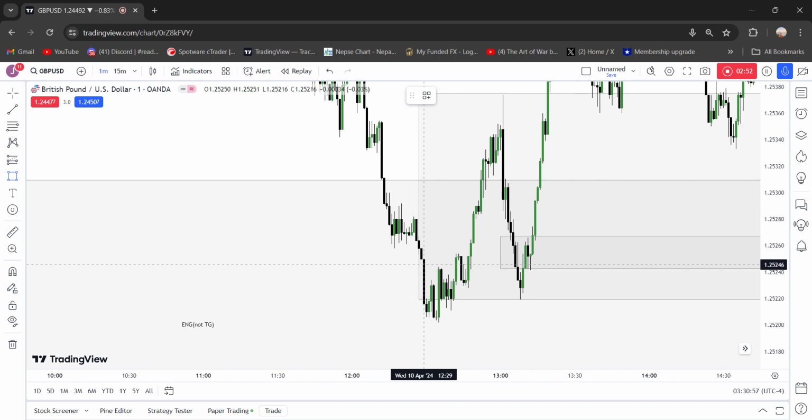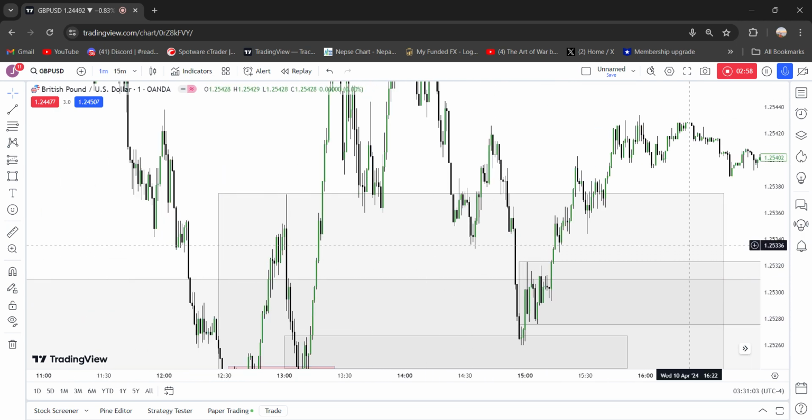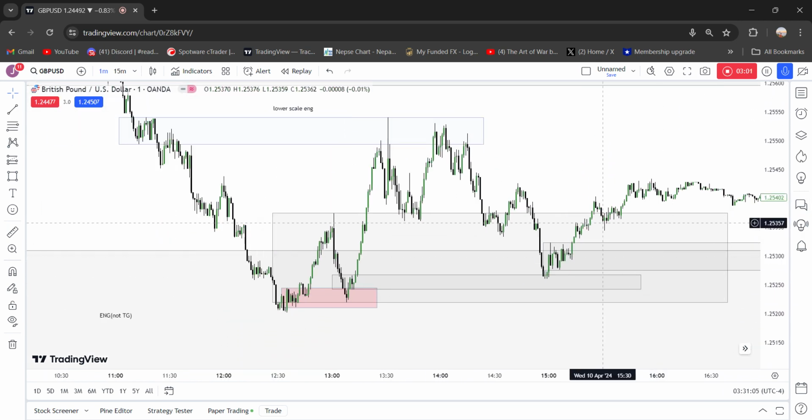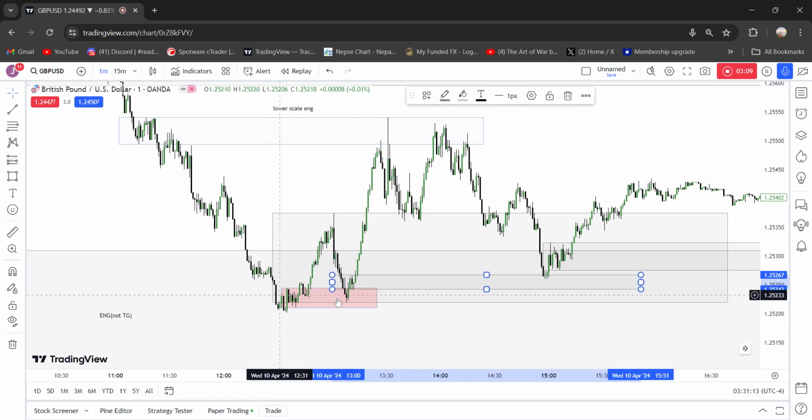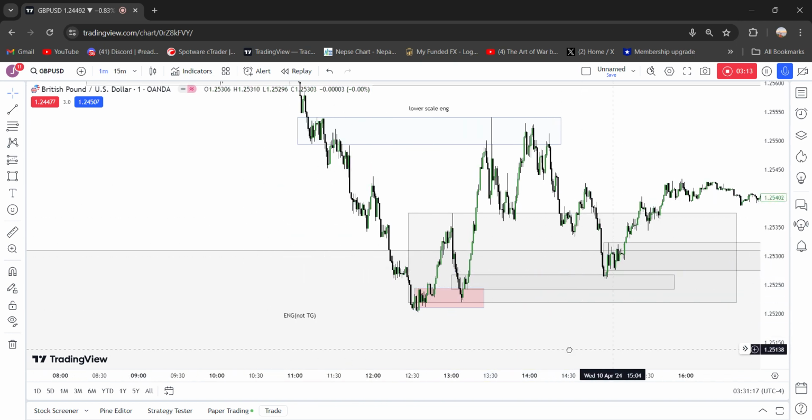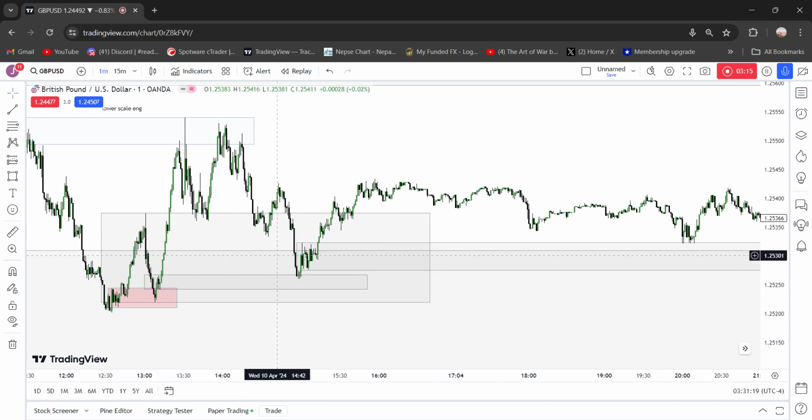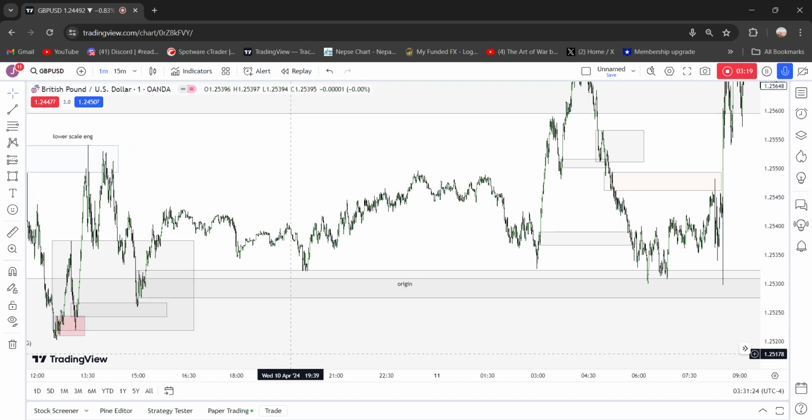This particular zone is the origin. What price did after breaking the lower scale flag limit was get back to the origin of the TP. So there are no orders in there until here. Orders are consumed from this level, I would say.